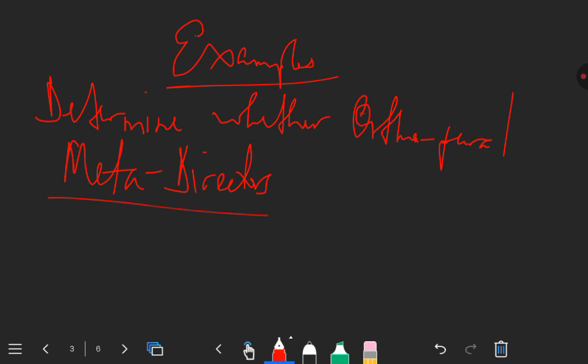So we are going to be determining whether a certain compound attached to the benzene ring is an ortho-para director or meta director. So let's start with this one.